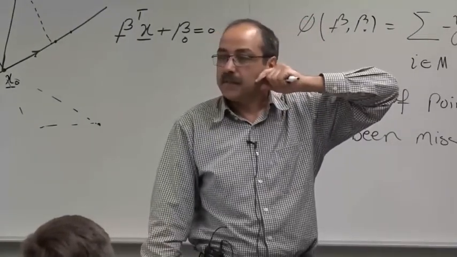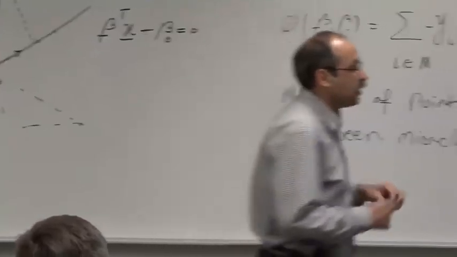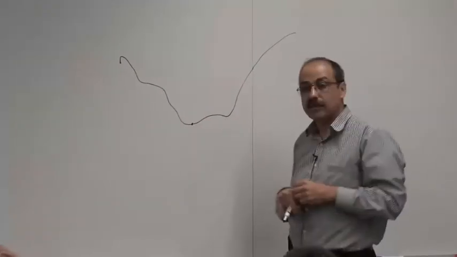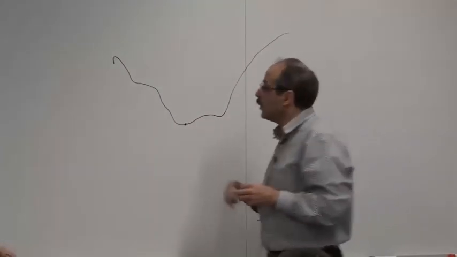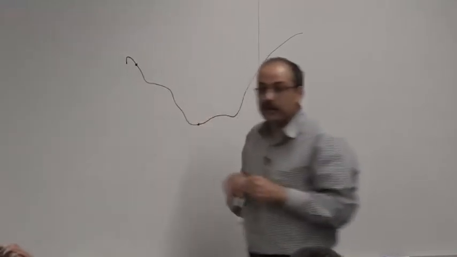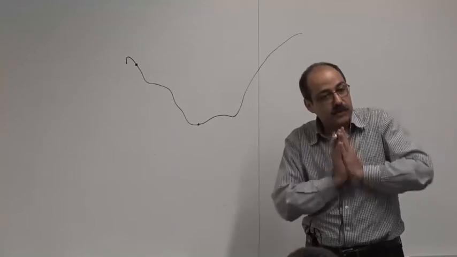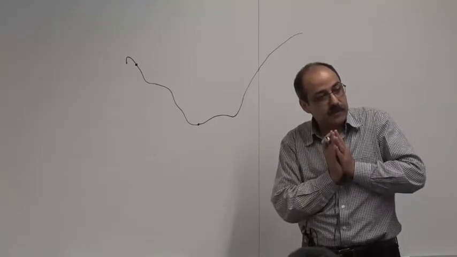Gradient descent means that you have a cost function and I'm at this point. I take the gradient. Gradient is tangent to the surface, right?